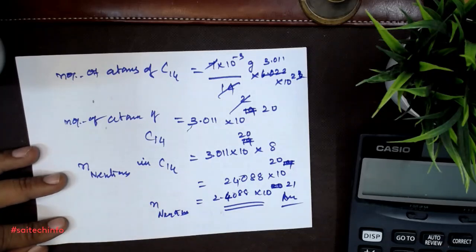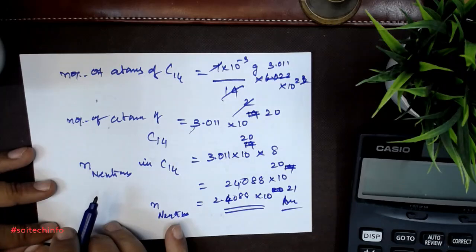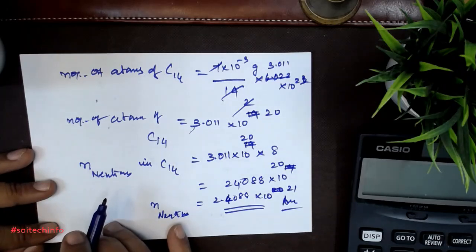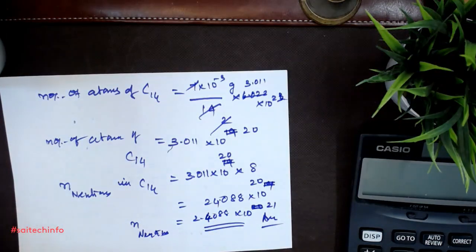Now what we are further supposed to do is find out the mass of the neutrons. I have already told you, take down the mass of a neutron.